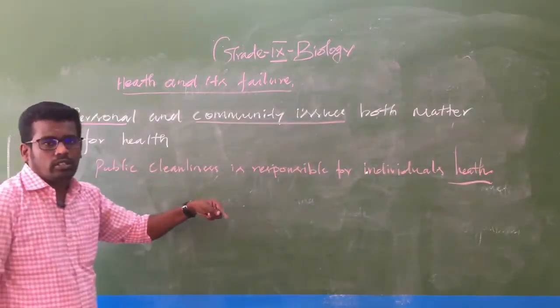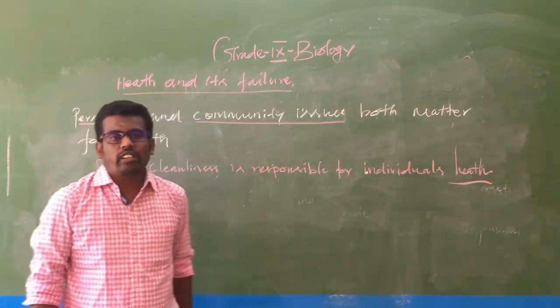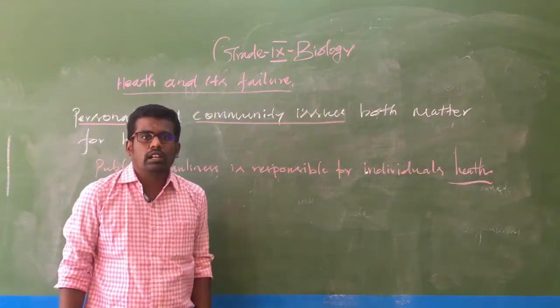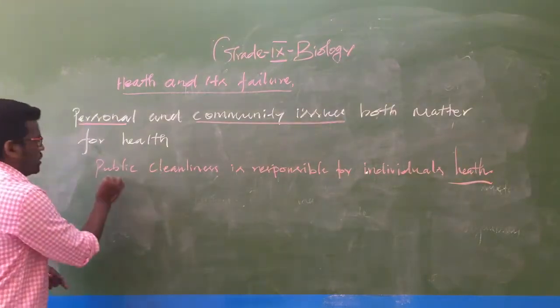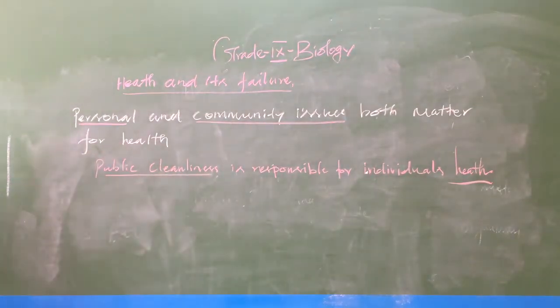Before we discussed that the garbage is not collected, the water is stagnant in the surroundings, the drainage is not cleaned properly. What happened? Disease may spread. So public cleanliness is also responsible for the individual's health.